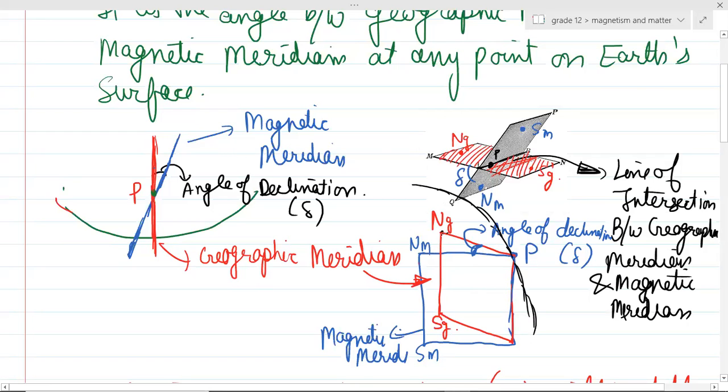But in this particular plane, the north pole and south pole will lie somewhere. I'm not saying these are the actual positions. I'm saying somewhere on the upper side of the plane, geographic north NG will lie, and somewhere on the down side, geographic south SG will lie.